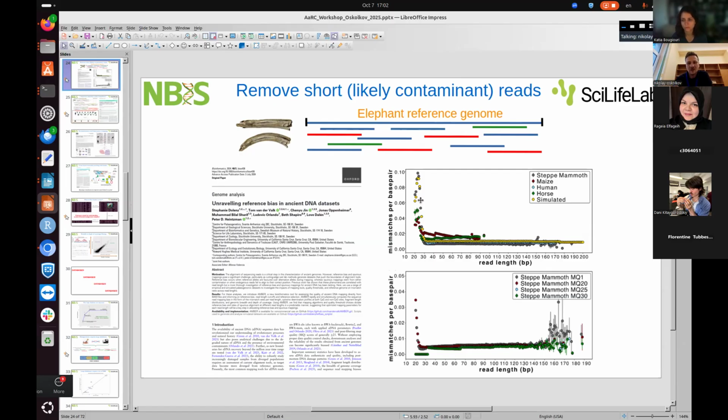Second, as they show in this paper, you're also prone to reference bias. But what you're asking about, this evolutionary divergence, is a more difficult problem. There are approaches, there are different suggestions, but nothing straightforward.